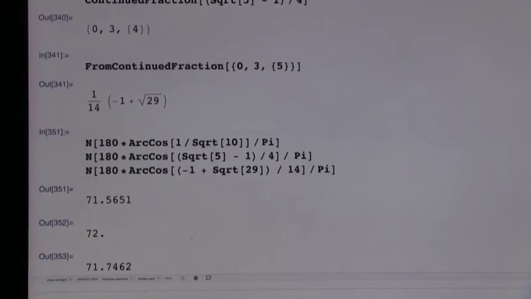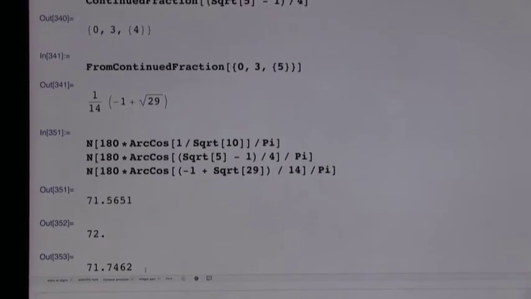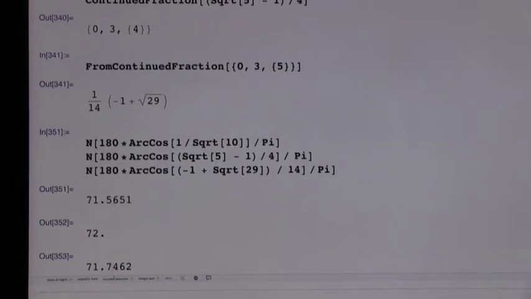This one, 71.7462. So I didn't quite cut the distance in half, but it's still in between. Pretty close.